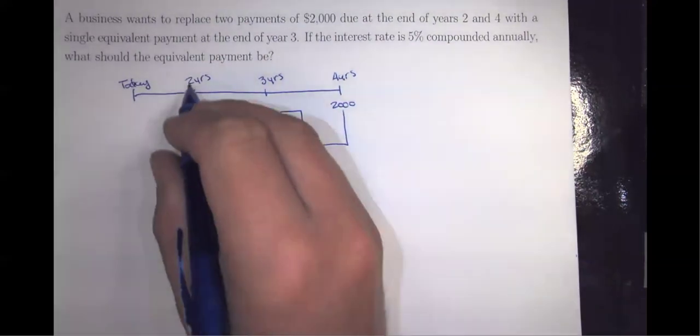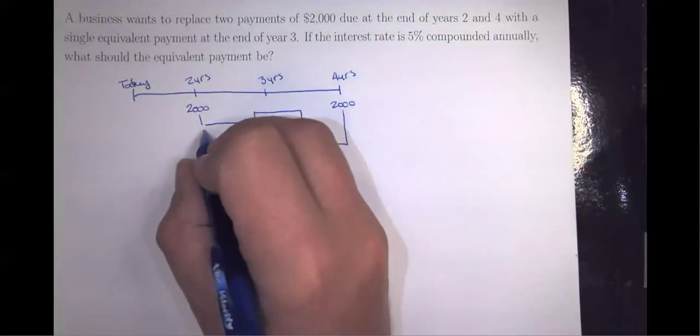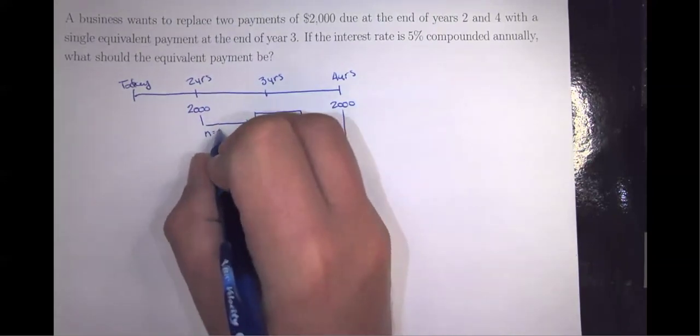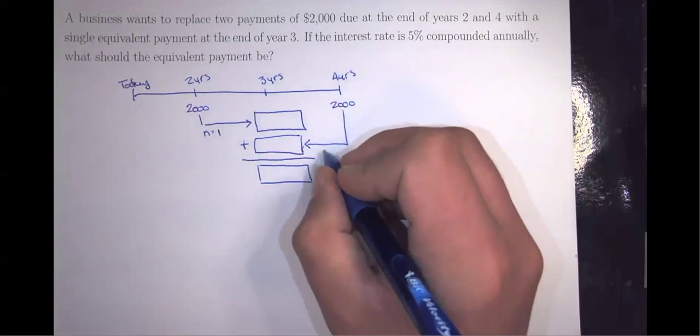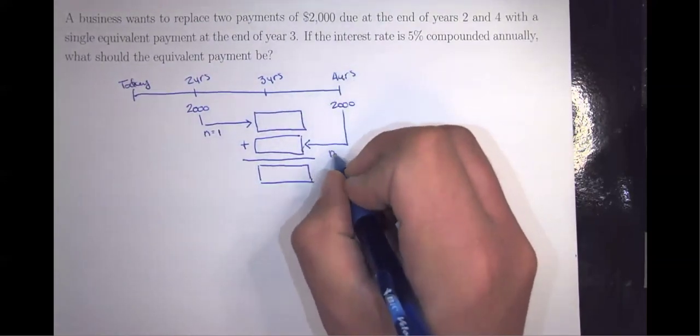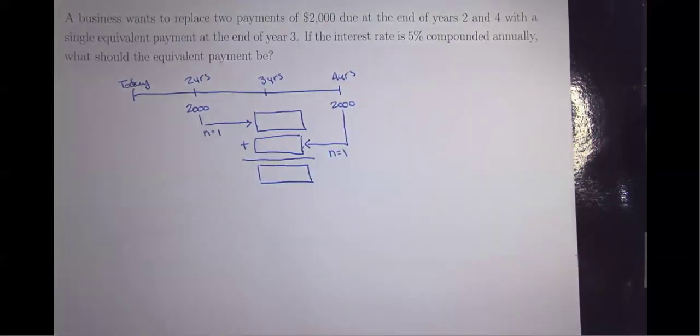Now moving from 2 years to 3 years is a 1-year movement. And we're compounding annually, so my n is 1 here. Going from 4 years to 3 years is still a 1-year movement. We're compounding 1 time per year, so our n is 1 here as well.